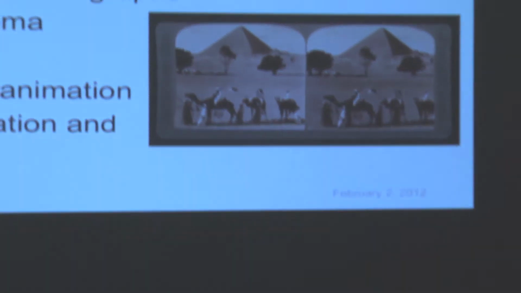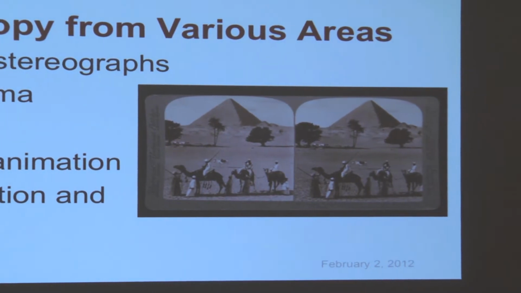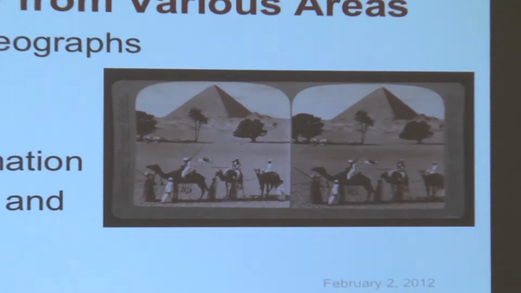We get 3D or stereoscopic media from a variety of areas. You've got old stereograms and stereographs from all over the world, from the mid 19th century up to today. This is an old stereograph. I couldn't find a date on it, but this is not from last year. It was produced when somebody was being a tourist in Egypt at Giza.